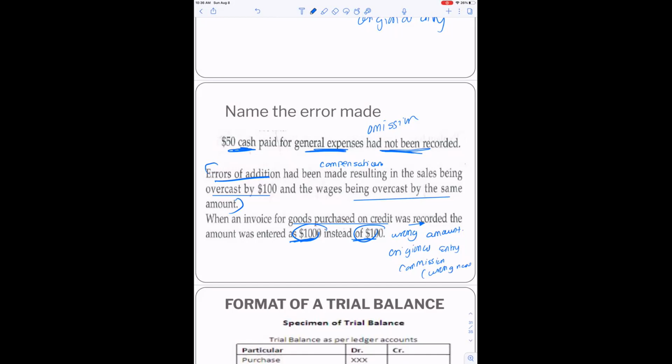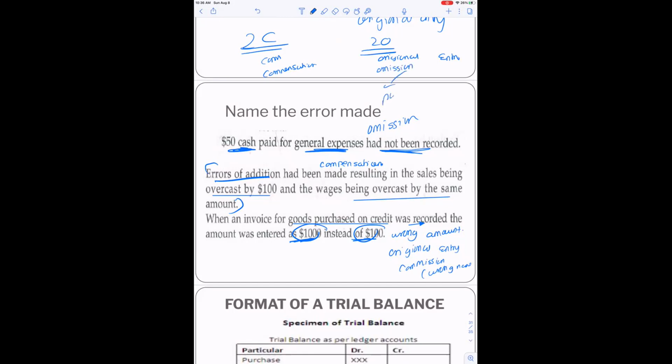So I think you are clear with the 2 C's and 2 O's. 2 C's, commission, compensation. 2 O's, original entry and omission.